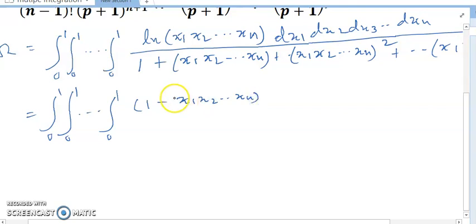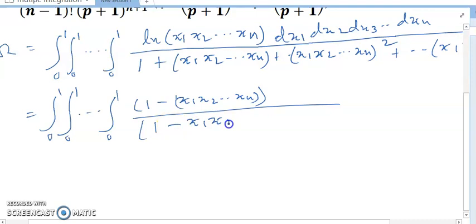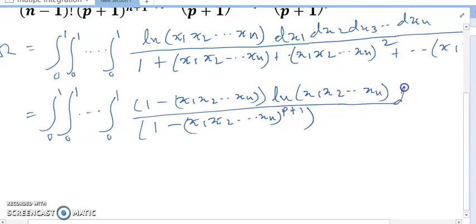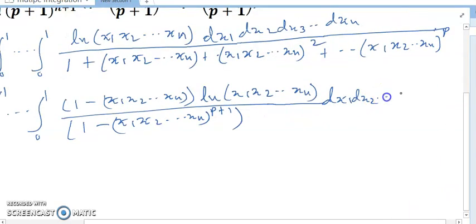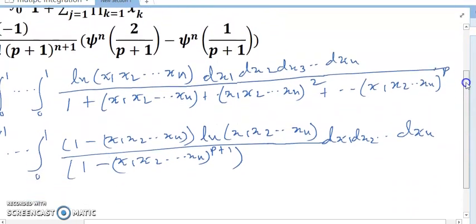This product I multiply on both sides, so I get 1 minus (x1 x2 ... xn) to the power p, plus ln x1 x2 up to xn, dx1 up to dxn. Okay, this is the total integration you get.